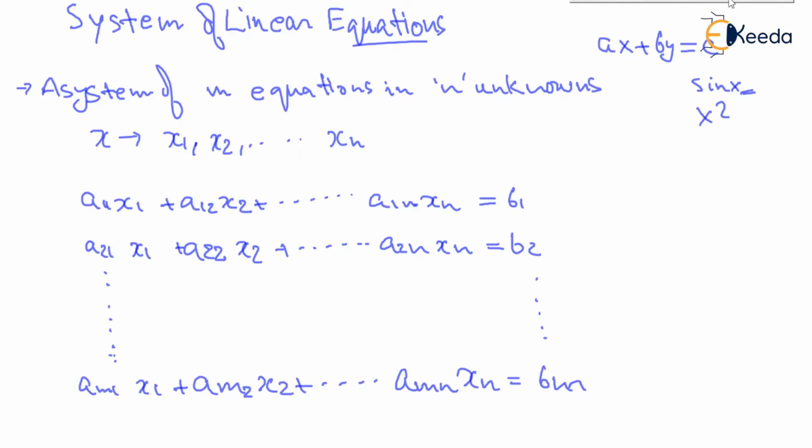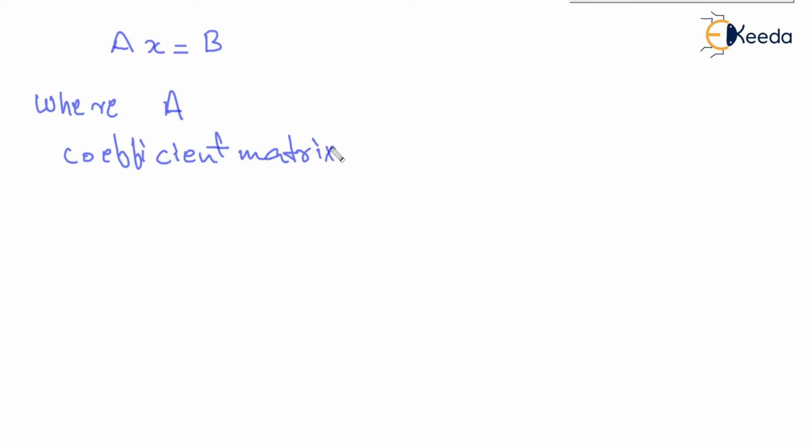So overall this equation can again be written as Ax equal to b, or you can write it as capital B, where A is the coefficient matrix, that is a11, a12 and so on up to a1n, and likewise up to am1, am2, amn.